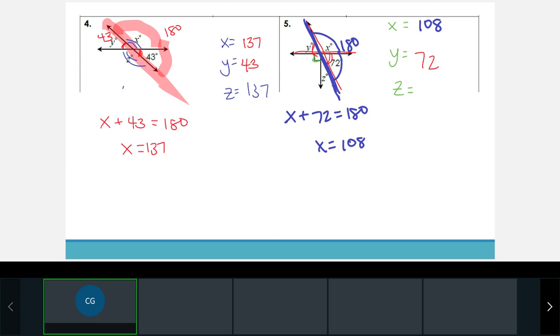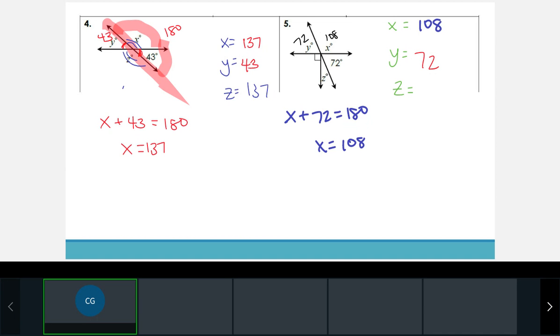All right, let's do z. All right, I've got a huge mess here. Let me erase all of the stuff I have here. Okay, so far, we know that this is 72. We know this is 108. Of course, this is 72. Let's find z.